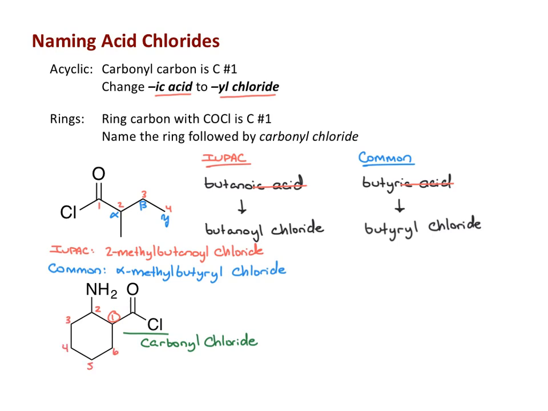So in this case, our parent is a 6-membered ring with the amino group. So the way we would name this, do your substituent first. In this case, we just have the one substituent. We have 2-amino, and without considering the carbonyl chloride, you would just name this ring as cyclohexane.